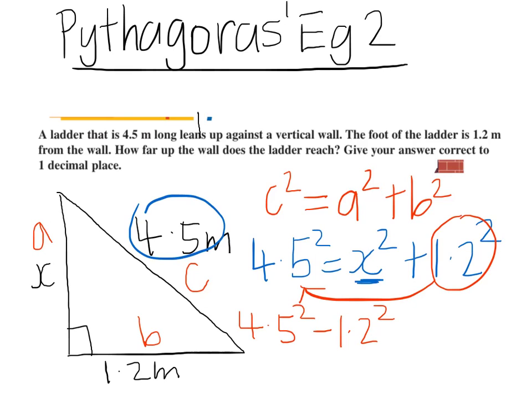So we're adding here. On the other side of the equation, we need to reverse the operation. So it then becomes minus. 4.5 squared take 1.2 squared equals x squared.